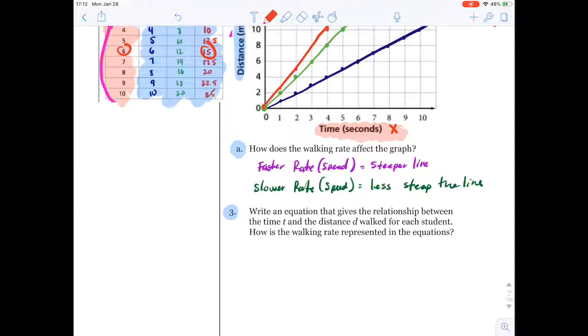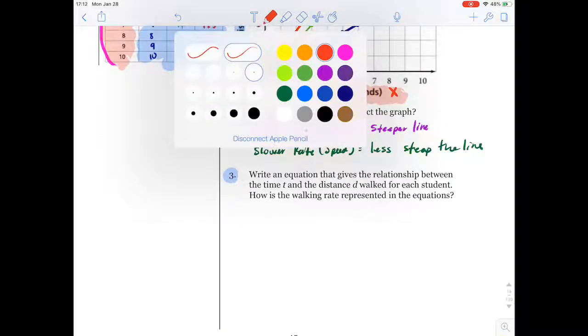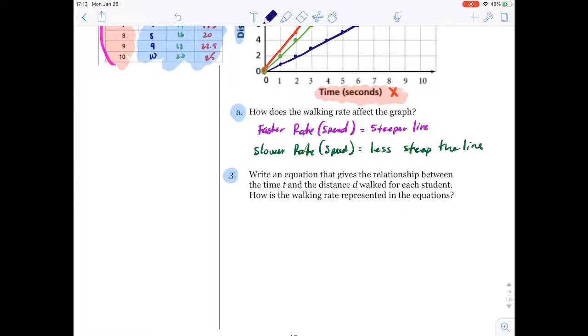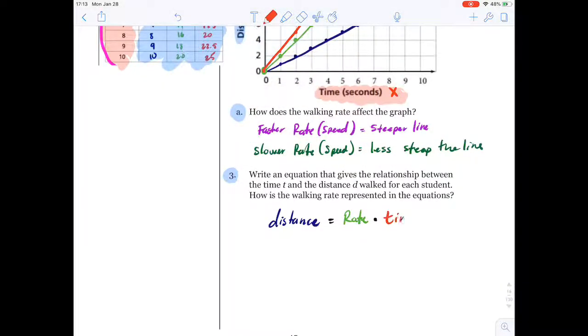Okay, so it says write an equation that gives the relationship between time and distance for each student. So I'm looking for an equation between time and distance. All right, well, if we look at page, I believe it's page 12, there's an equation that looks like this: distance equals rate times time, or t.